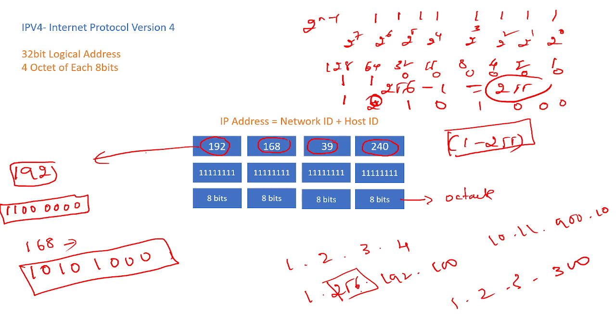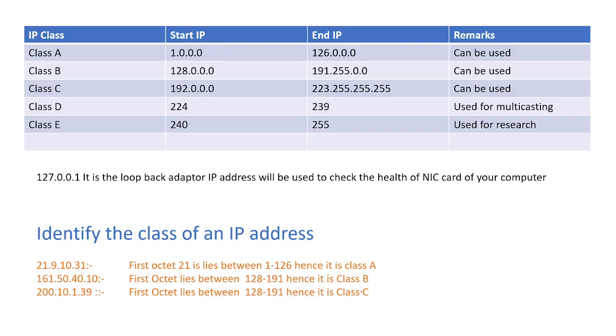Okay. So now let us understand there are five classes of IP addresses: class A, class B, class C, class D, and class E. How will the class be identified? It depends on which number the first octet of the IP address starts from. Say for example, 192.168.10.11.